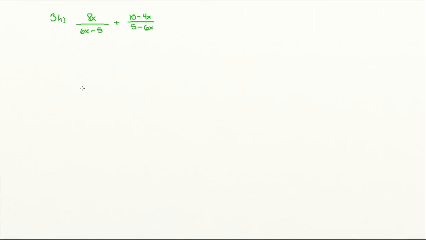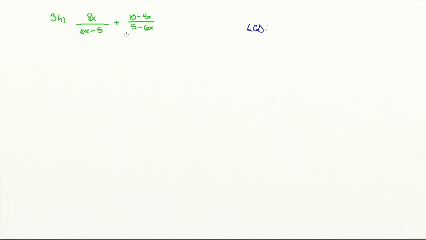Question 3. Perform the indicated operation. Simplify when possible. Assume the denominators are not 0. H. 8x over 6x minus 5 plus 10 minus 4x over 5 minus 6x. Well, if I'm looking at those denominators, because I'm adding, so I need a lowest common denominator, I'm noticing that we have 6x minus 5 and 5 minus 6x.